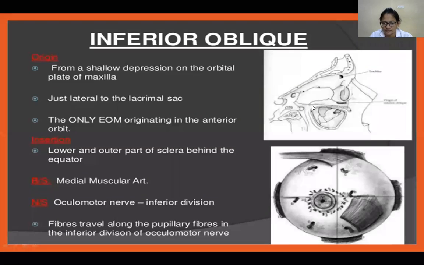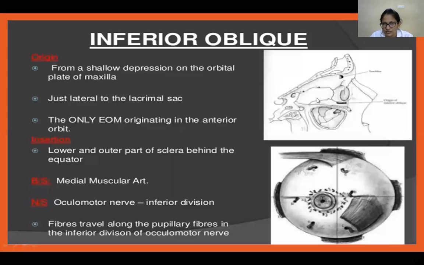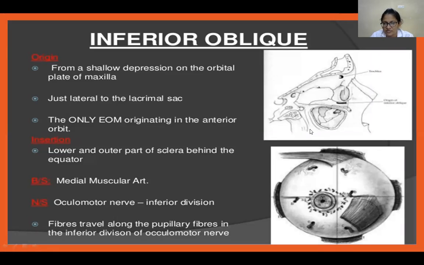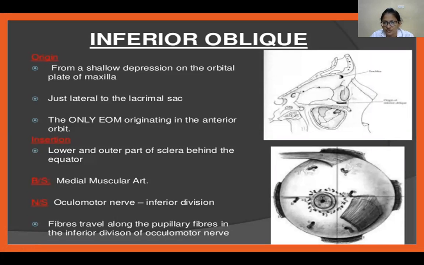Okay, it will be inserted into the sclera. Both the superior and inferior oblique muscles are inserted into the sclera, just behind the sclerocorneal junction, behind the equatorial line, in the posterior superior quadrant of the eyeball. Okay, this is the origin and insertion of the inferior oblique muscle.